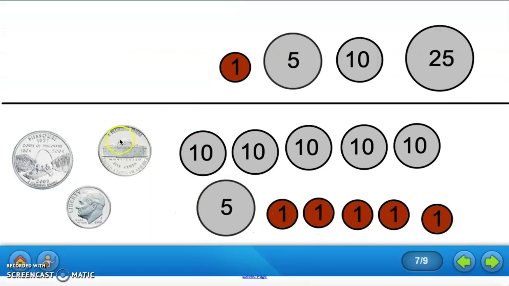This is another way to use coins to represent $1. Okay, so really you're just trying to take the coins, know their value, and try to get to 100 in any way you can. Okay, and this is just another example. There are tons of other examples on the different coin combinations you can use to make $1.